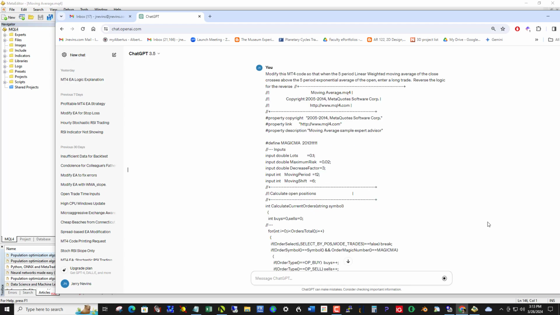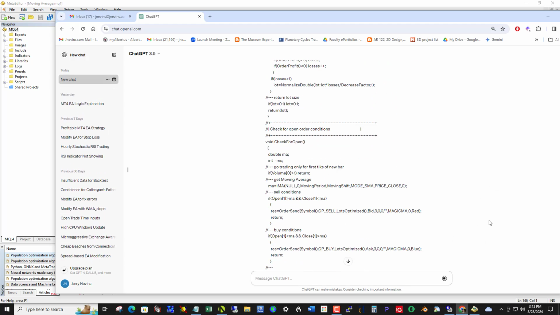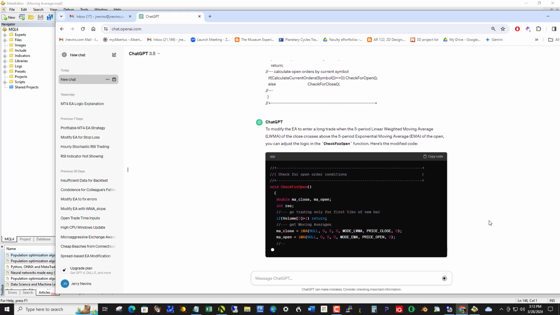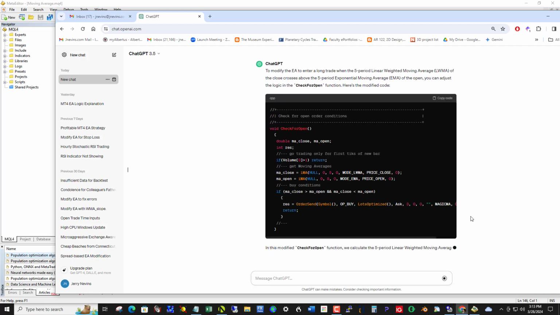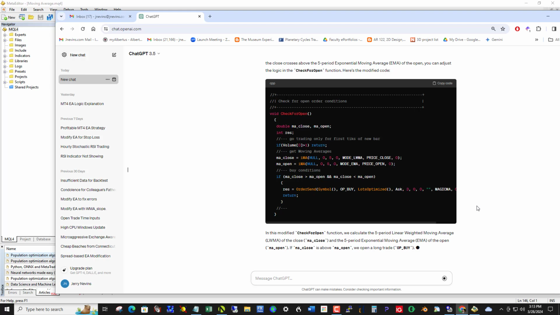What's remarkable is how quickly Chat responds and types out a response here, and it's saying to just take the check for open order instead of the previous logic, just plug this in instead.